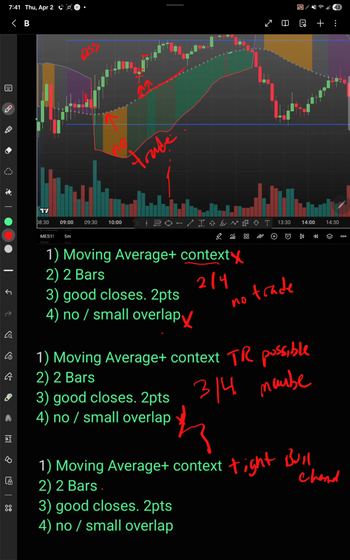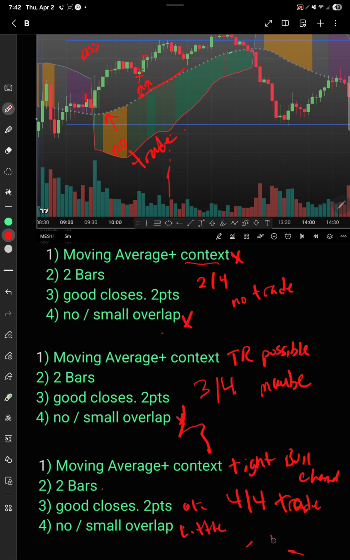We did use 2 bars. The closes were good enough, and there was little overlap. So I would say this is as close as you're going to get to a 4x4 trade. Maybe it's a 3.5x4 trade.